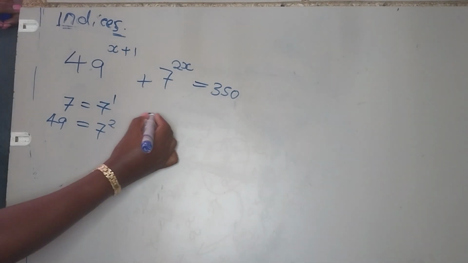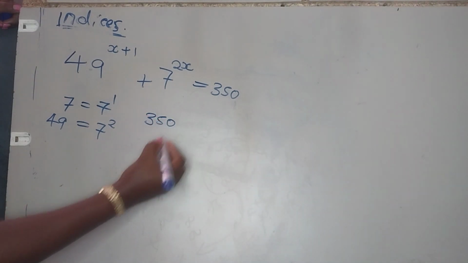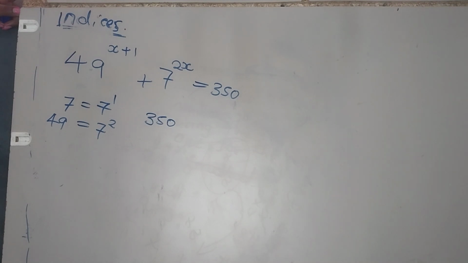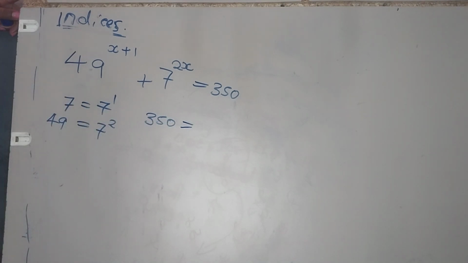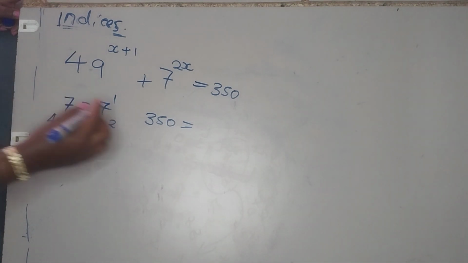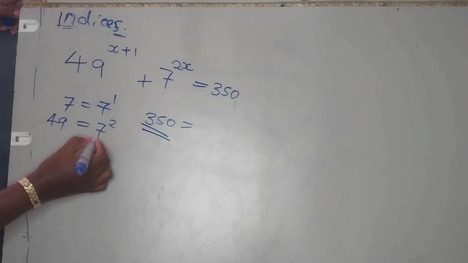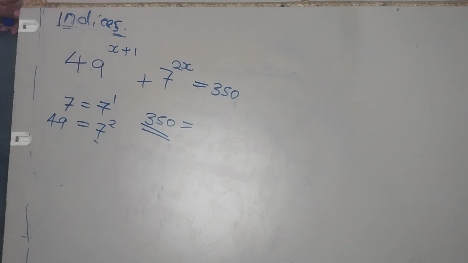What about the 350? Can the 350 be expressed in terms of 7? You'll find that this is an impossible number.